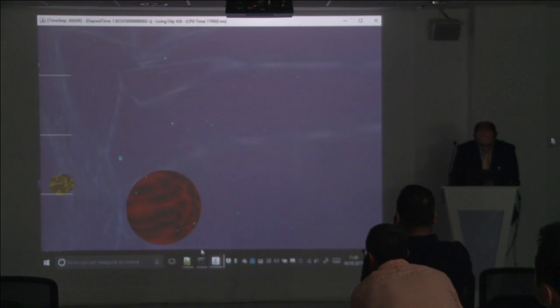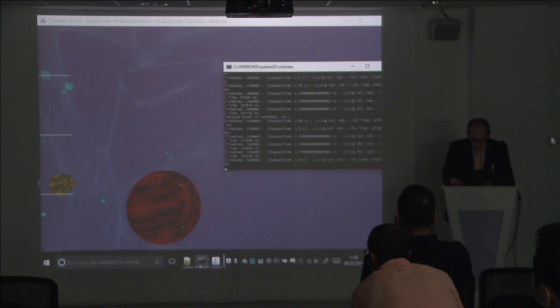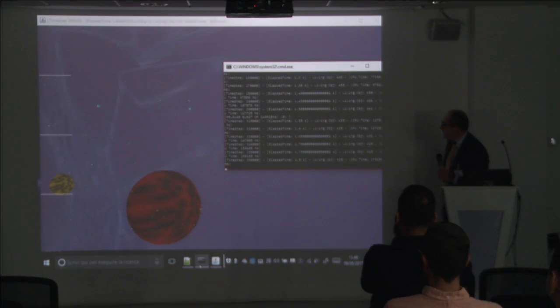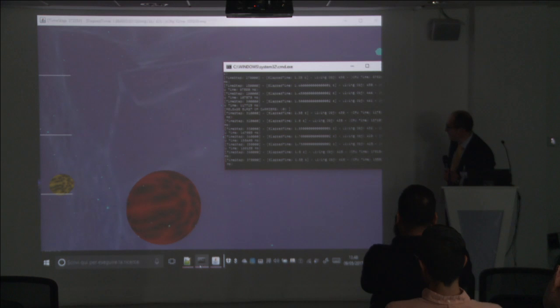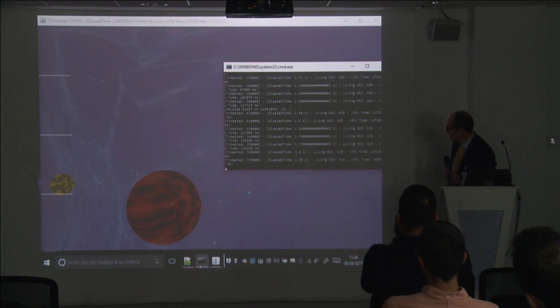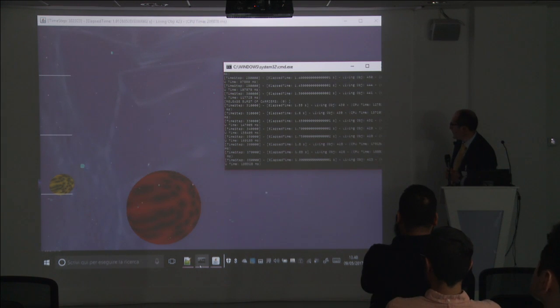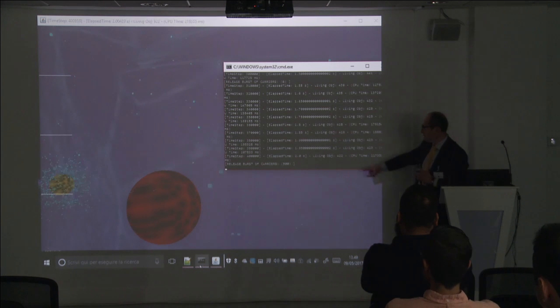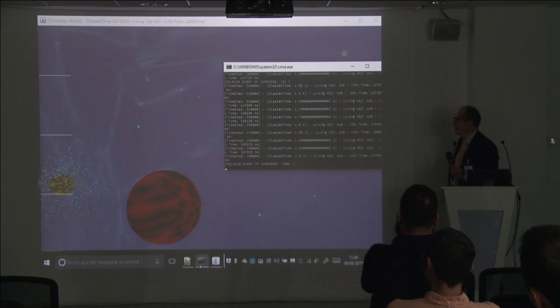Okay. 1.8, just, and okay, 2 seconds. So this is the second burst, and if we wait another half second, we will see another burst.